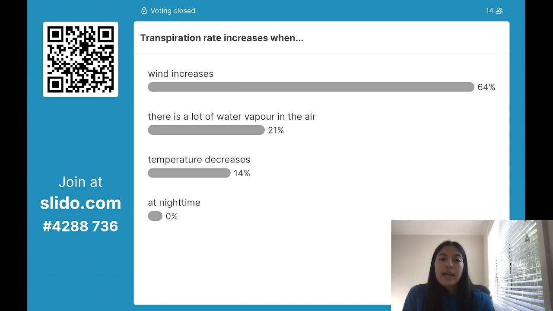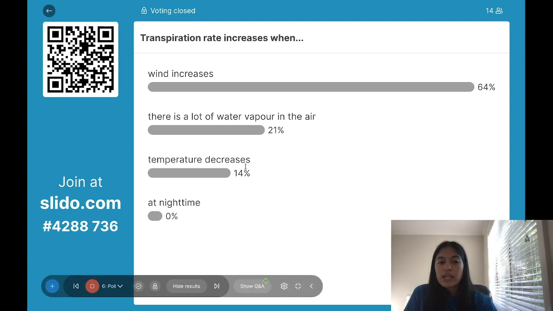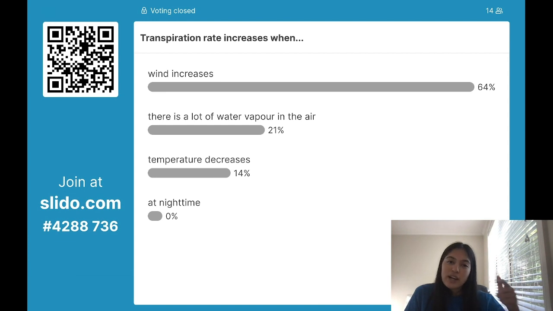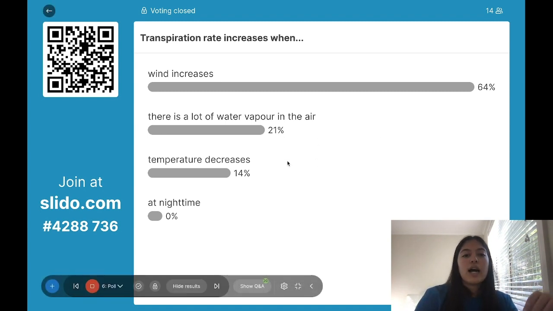But yeah, when our wind increases, remember thinking of that movement of the wind, it's going to evaporate that water. Like think of a hairdryer, maybe. Obviously the heat, so when temperature increases, we're increasing the rate of that water evaporation from your head. But even when your hairdryer is on the cool setting, it can still dry your hair from that wind pressure, I guess you could say, or that movement. So that's what you can think of.